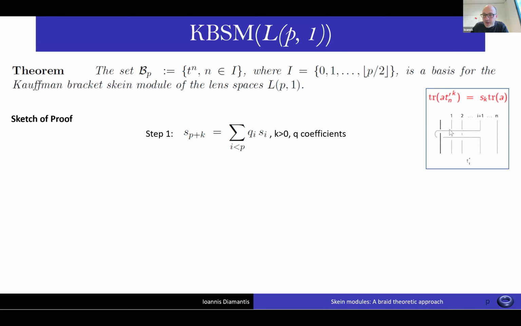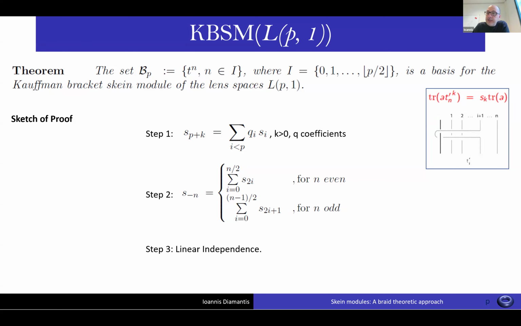So instead of going above the fixed strand and then below, first it goes below and then above. But of course, greater than negative p. Then I prove that the negative indices can be written again as a combination of elements. Here I forgot to put the coefficients, so there are coefficients here. So to translate them into positive indices, and then finally prove linear independence.